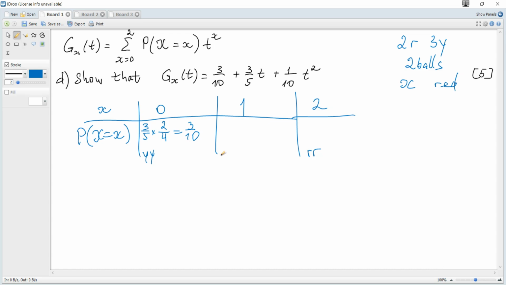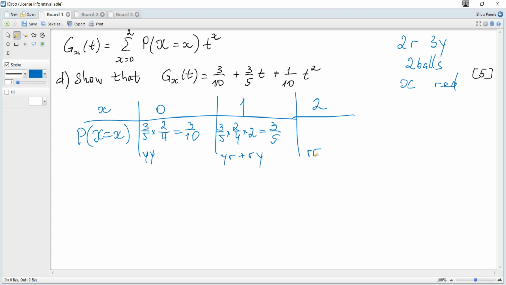1 red means that it may be yellow red, but it may be red yellow. Yellow red is 3/5 times 2/4, plus it will be absolutely the same, so just times 2, so it's 3/5.